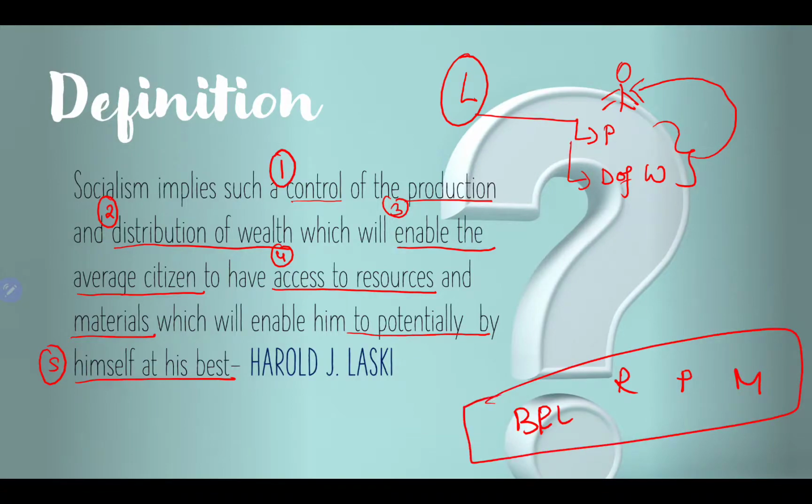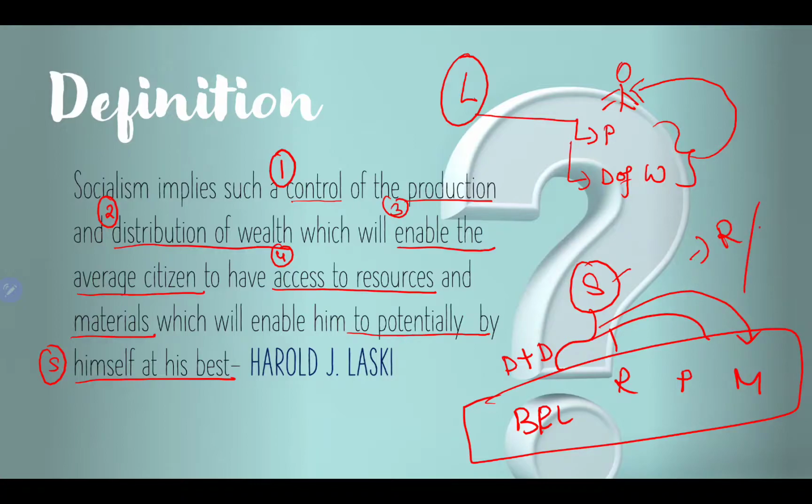The state controls production plus distribution of wealth, so the state sees who are rich and who are poor. It will help the average citizen to access resources and materials, so that he or she can benefit by the things that are given by society.